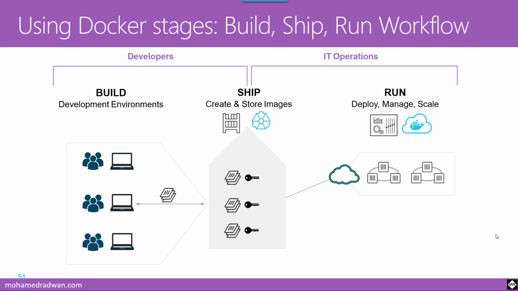The next step is to run the container on the destination, which means deploying these images and running them as containers, and even scaling from one node to 100 or even thousands of nodes, and moving from pre-production to production using the same images that include my application.